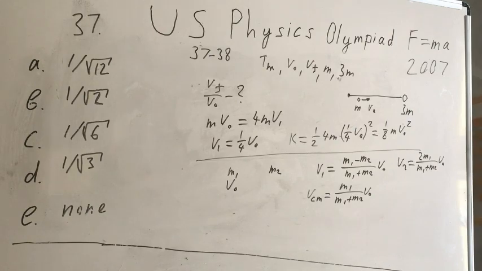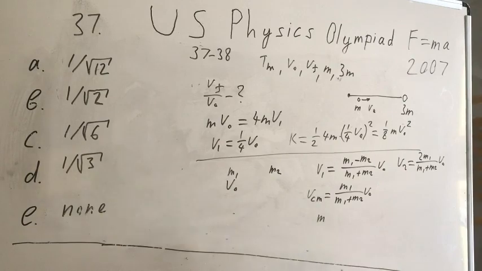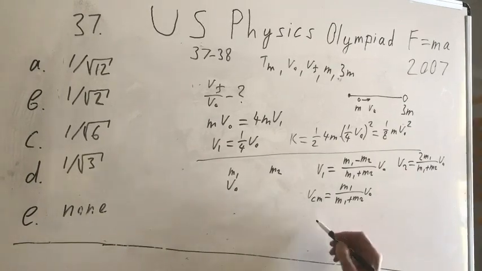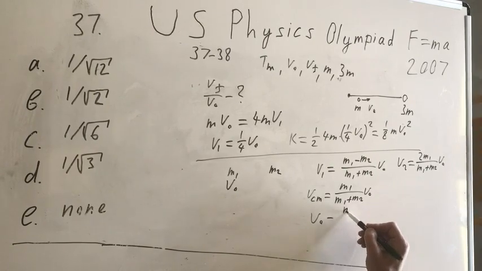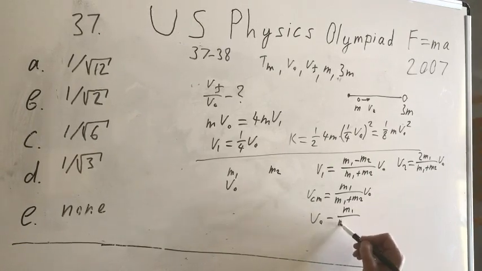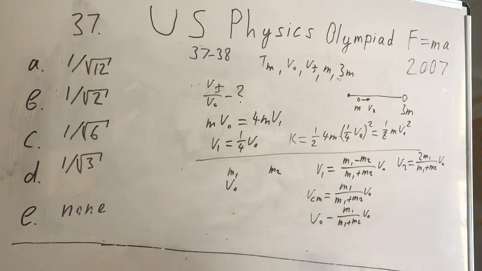For the first mass, the velocity in the center of mass will be v0 minus m1 over m1 plus m2 v0. That's the velocity of this first mass in the center of mass.